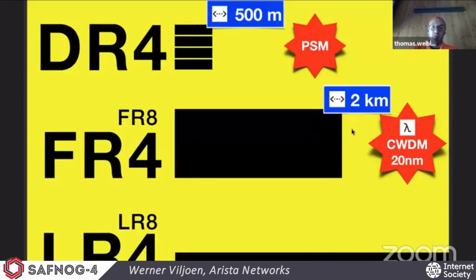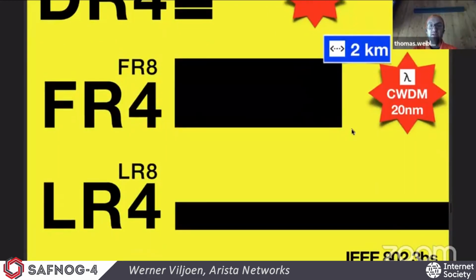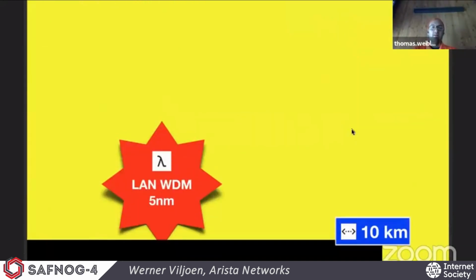Up to 2 kilometers, and also LR4 will be there. The spacing is pretty much the same as with 100 gigabit, we have a LAN WDM spacing of the wavelength inside that transceiver. So it's 5 nanometer spacing of those 4 waves going over the fiber, up to 10 kilometers.